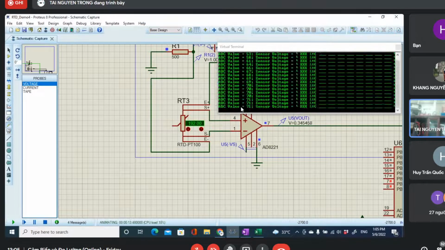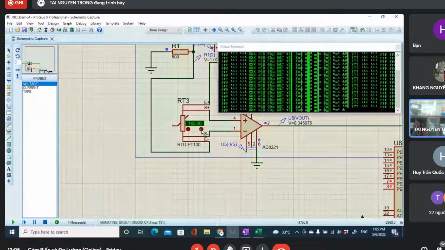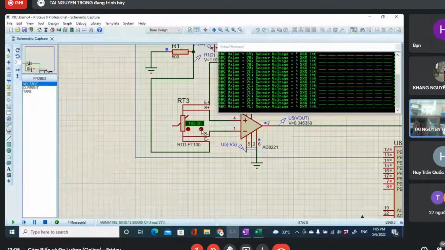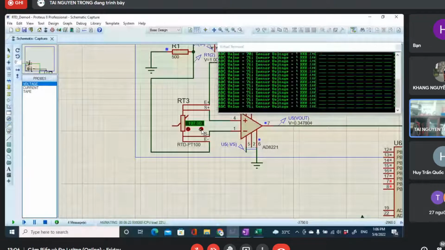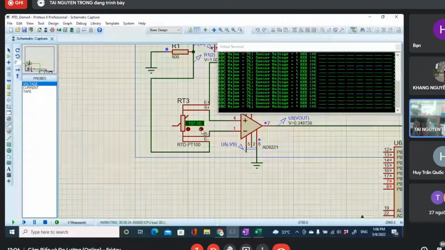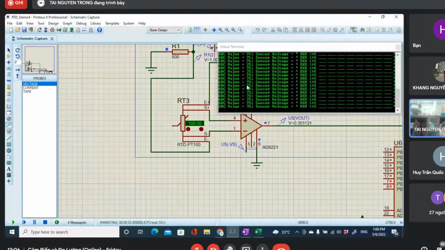Okay, in this case it's 91. Nothing changed. Nothing changed. As you can see, when we change 5 or 6 values of temperature, there is only one change in the value of IDC.